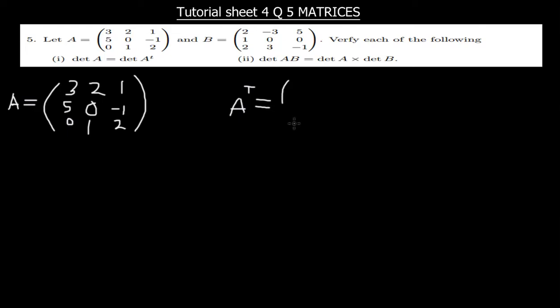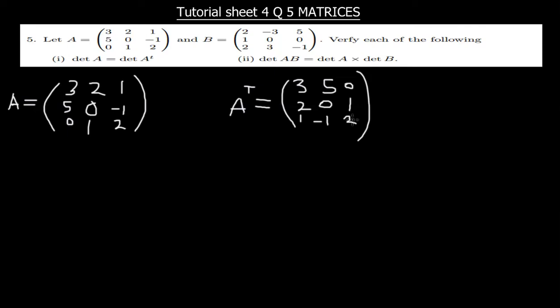So I'll write my 3, 5, 0 there, and then I'll write my 2, 0, negative 2, 0, then I have 1, then I have 1, negative 1, and then 2 there. So you check the leading diagonal of this one. If the numbers are in the straight line, then you are correct.